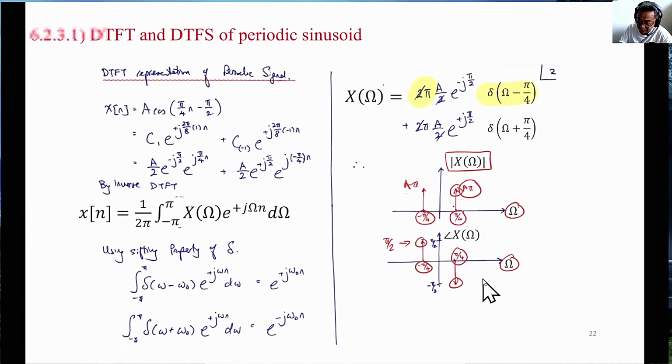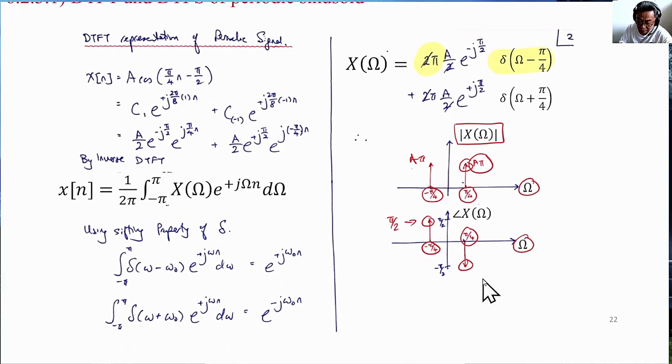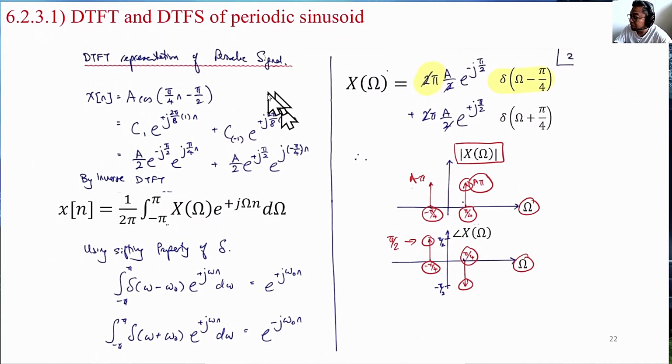So to convert a DTFS to a DTFT graphically, you are doing it this way, and for the equation representation, you are simply multiplying by 2 pi and introducing the delta function at that particular frequency.